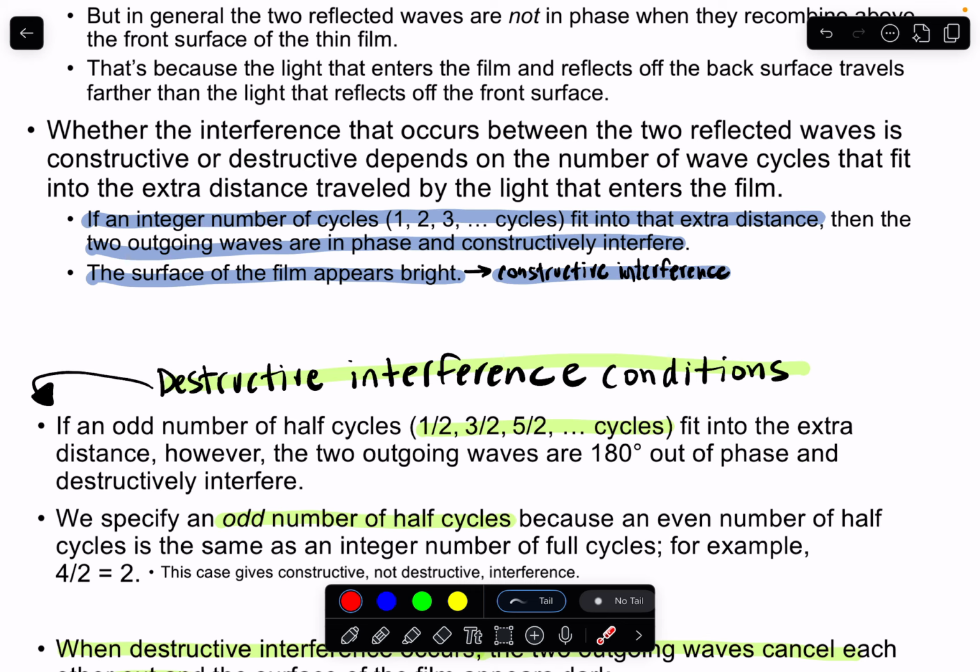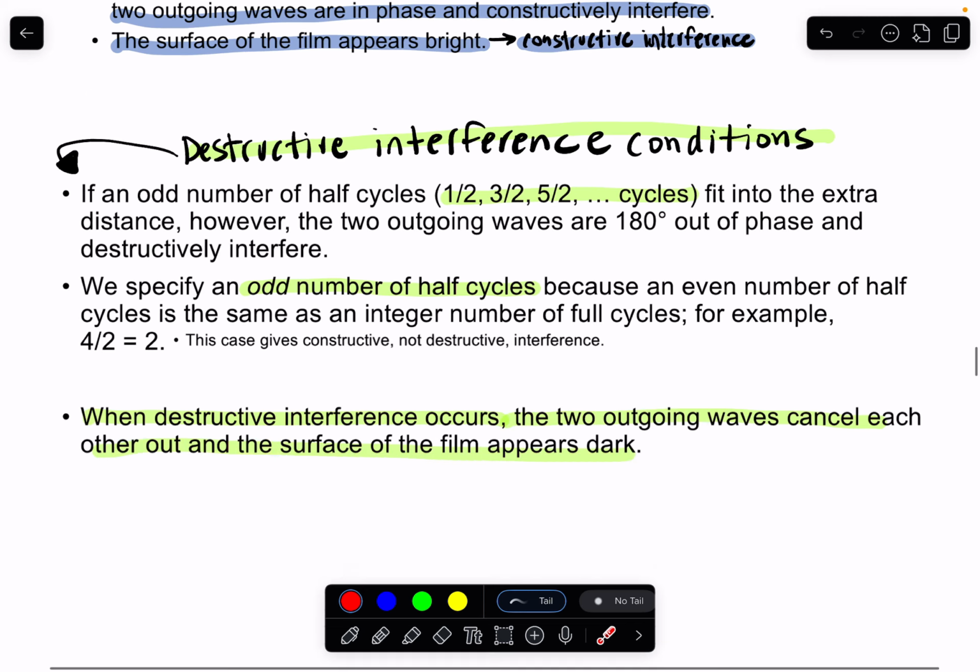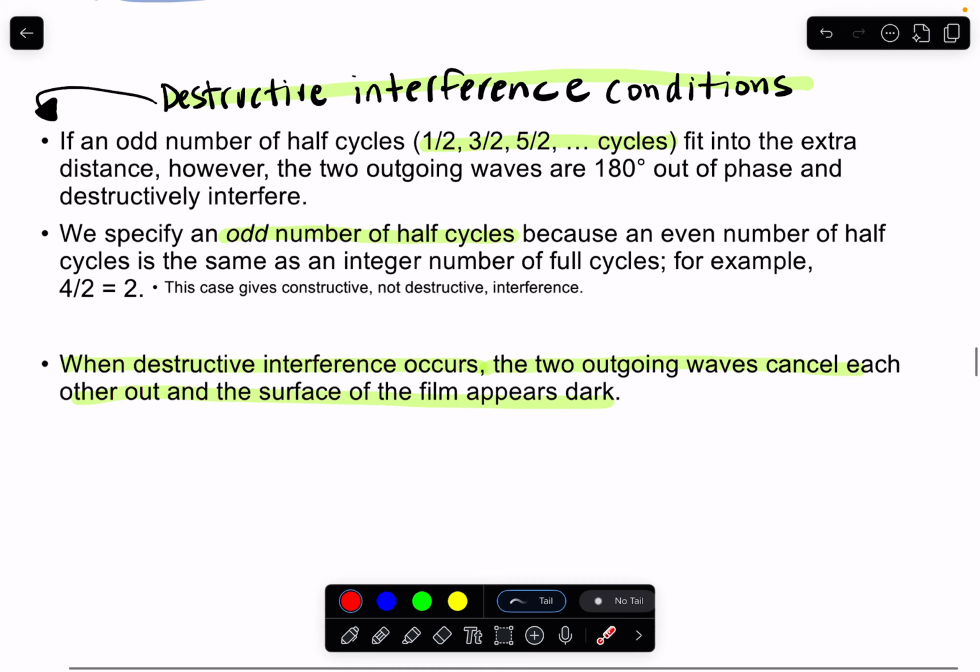When the extra distance traveled equals an odd number of half cycles, then those light waves are going to be out of phase. So whatever color is going in is going to appear dark. It's not going to be bright. We're not going to see that color. It's going to be kind of dimmed out.